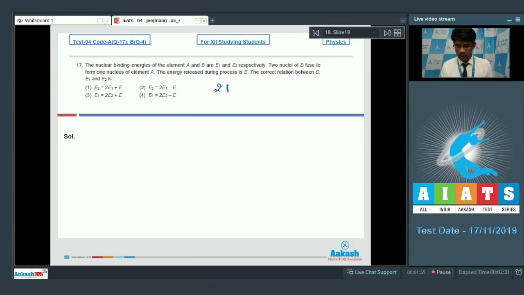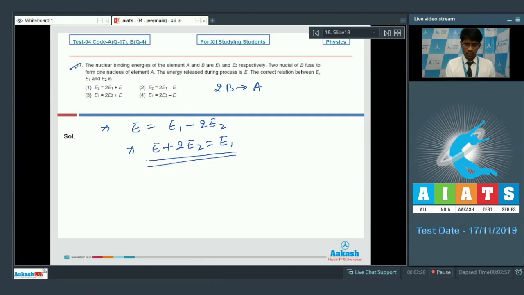If two nuclei of B fuse together to form one nucleus of A, then the energy released in this process will be written as the binding energy of this part minus twice the binding energy of this portion. So it would be E1 minus 2E2, or I would say E plus 2E2 would be equal to E1. So for question number 17, option 3 is the correct answer.